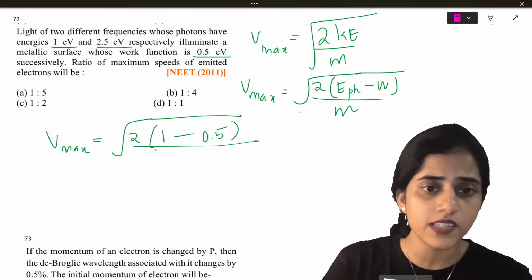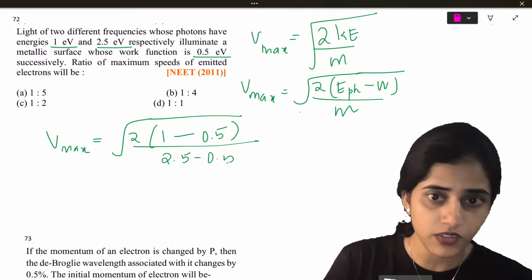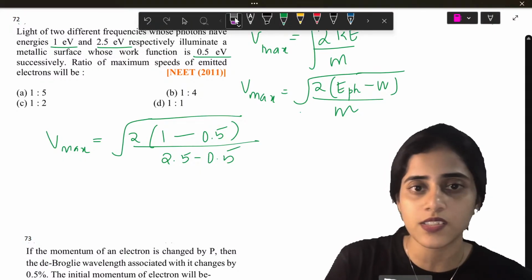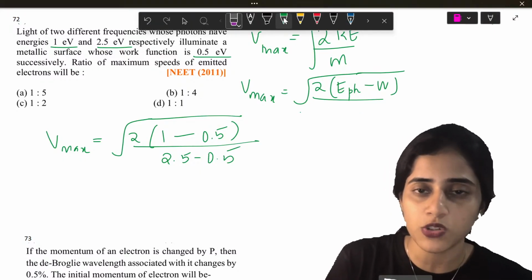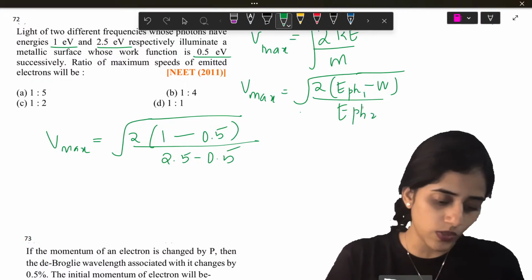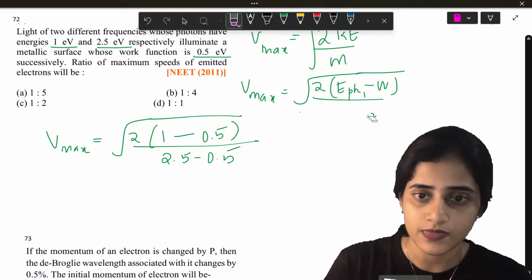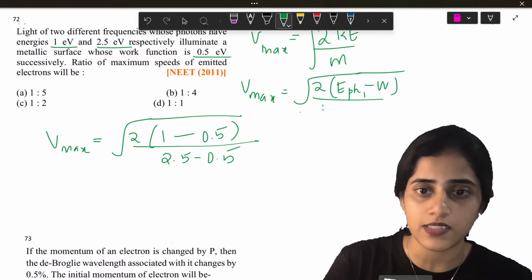And for the second, 2.5 minus 0.5. Okay, so this is not mass, this will also change. This will be E photon 2, E photon 1, E photon 2. Not here, this will be mass itself.